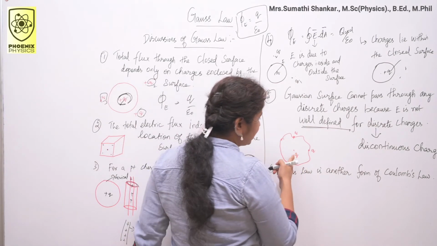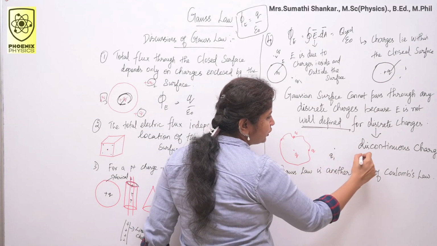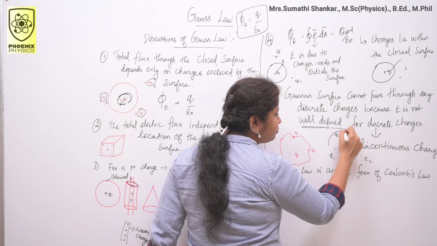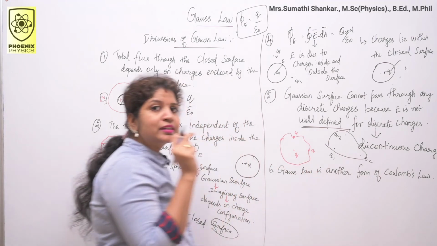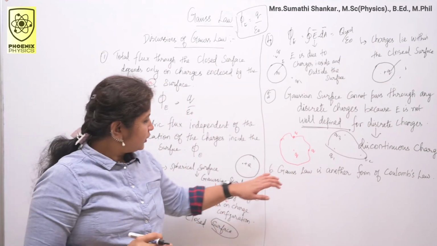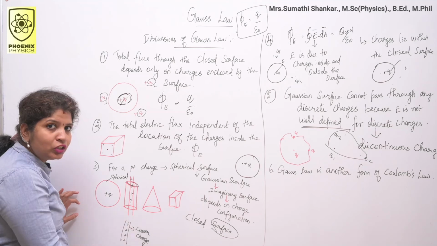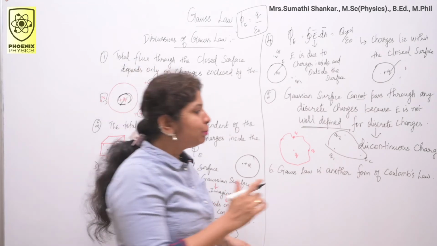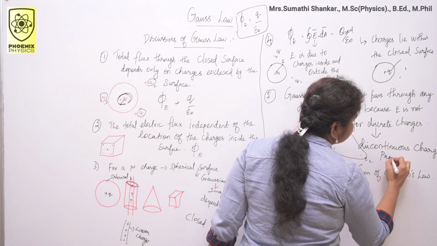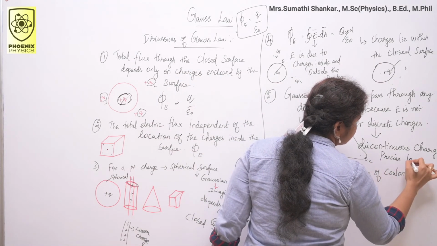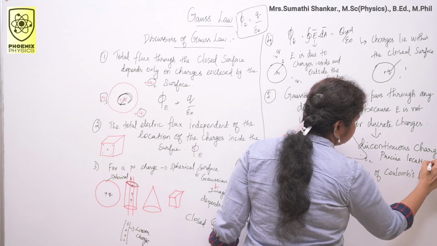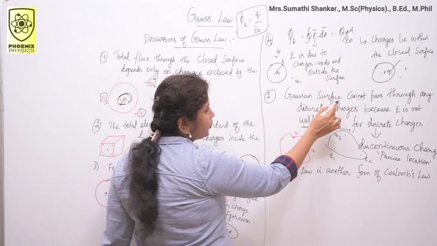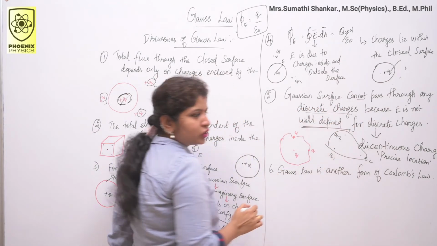Discontinuous charges means like this. Here one charge Q1, here I have charge Q2, here I have charge Q3. These types of charges are called discrete charges. This one is called a continuous charge. These discrete charges have precise locations. Now, a Gaussian surface cannot pass through any discrete charges.